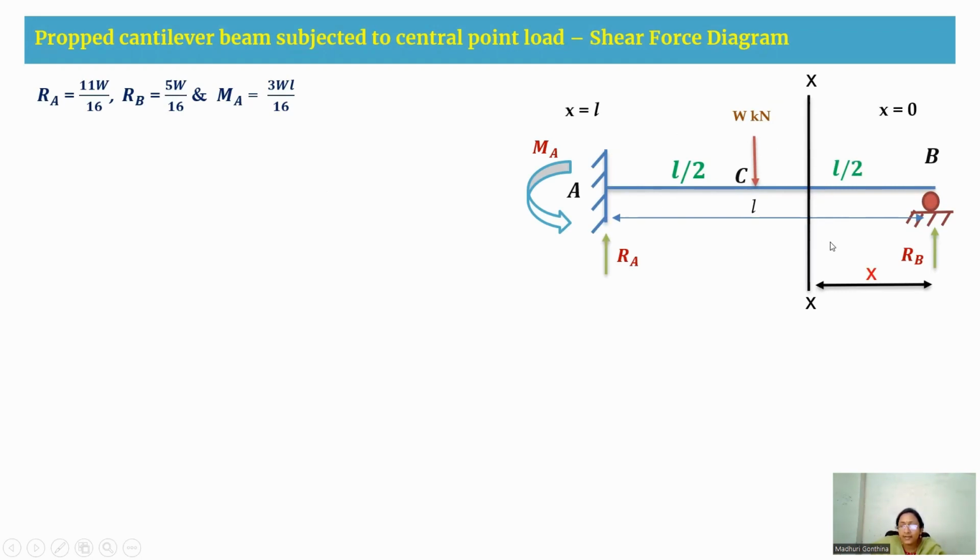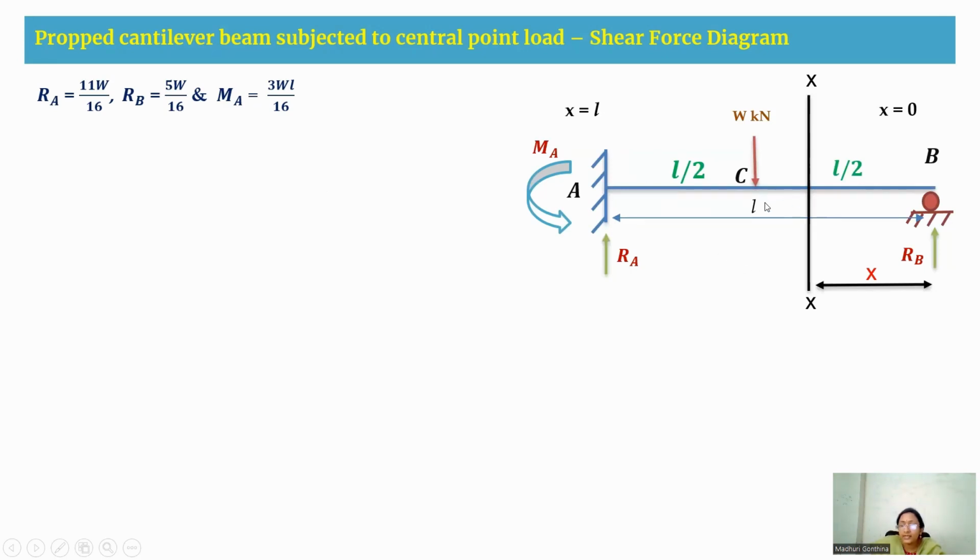For this beam, I took a section XX in the BC segment, at a distance of X from the B support. At this B support, X is equal to 0, because B is considered as the origin. As we are starting from B, X will be equal to 0, and at A, X is equal to L.